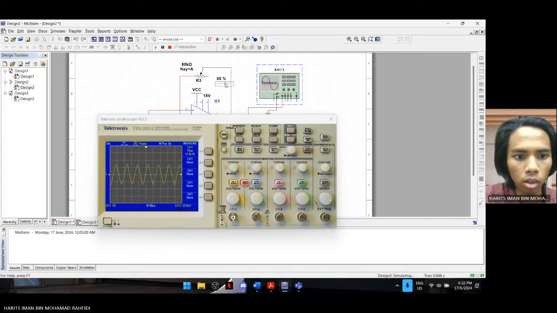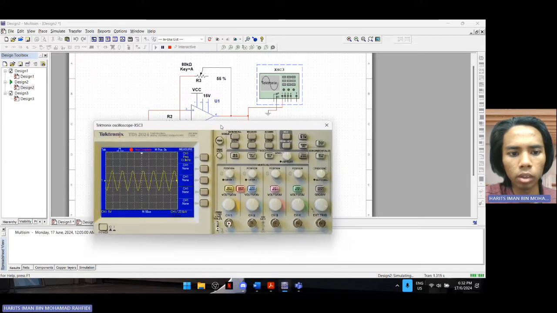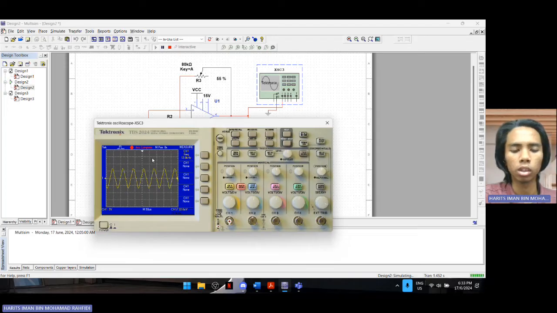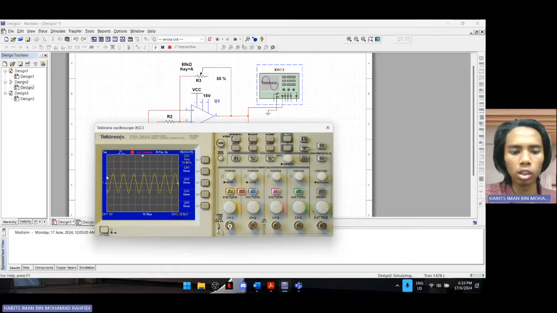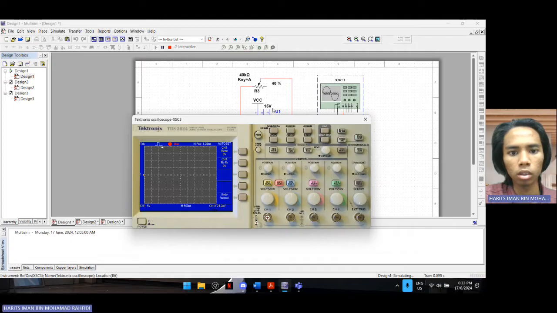The waveform has slight distortion, but it is still a sine wave, so we can accept that. So this is the wave signal for oscillator 2, and this is for oscillator 1. I think that's all for me. Thank you.